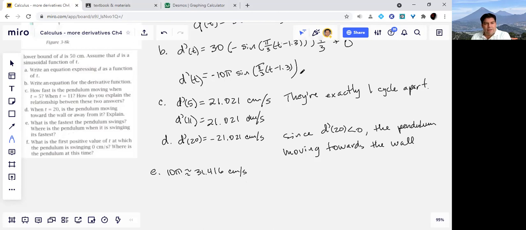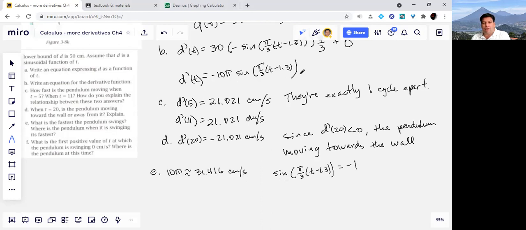Now, where is the pendulum when it is swinging its fastest? Okay, now the pendulum swings its fastest when the sine is -1. So basically I'm saying sine of pi thirds times (t minus 1.3) must equal -1.